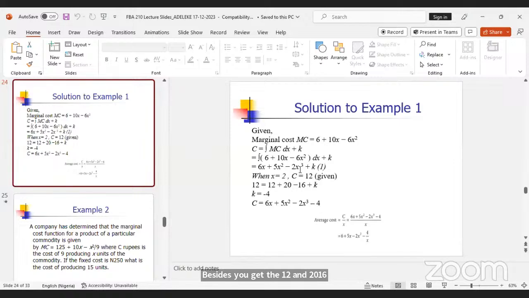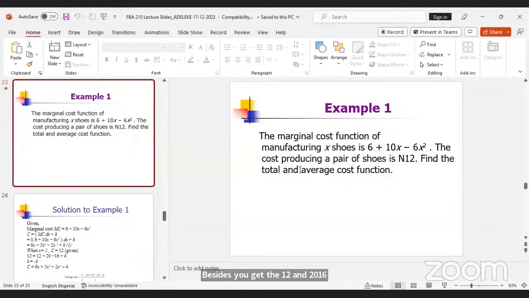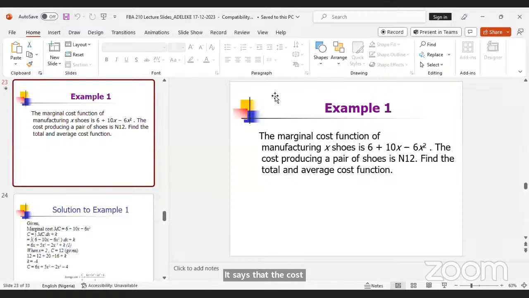Let's go back to the question so that we can appreciate this. Look at the question. The question says the marginal cost function is 6 plus 10x plus 6 minus 6x squared. So it is given in the question, right? And then there's an additional statement.